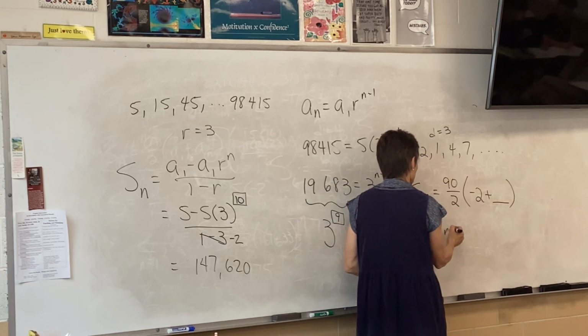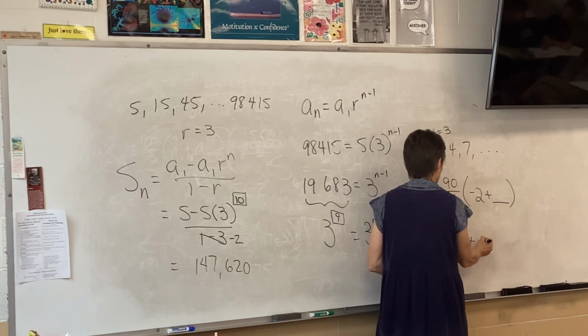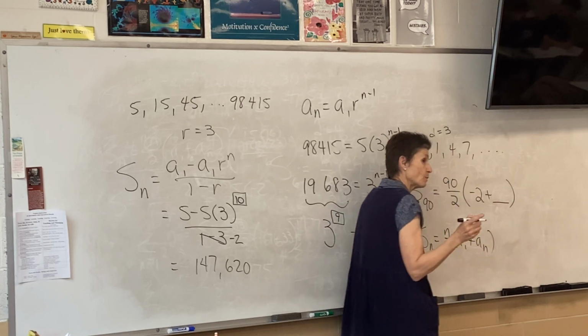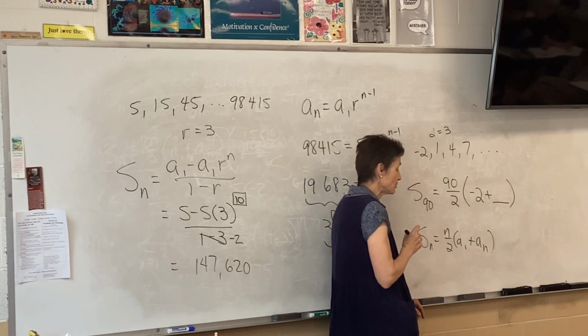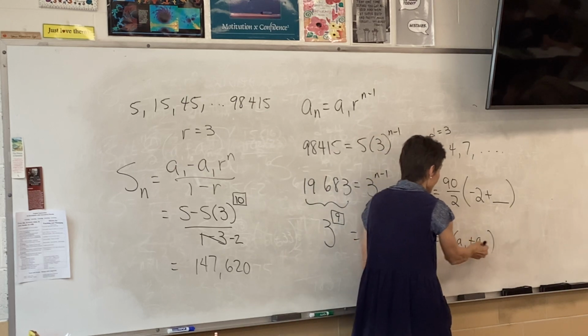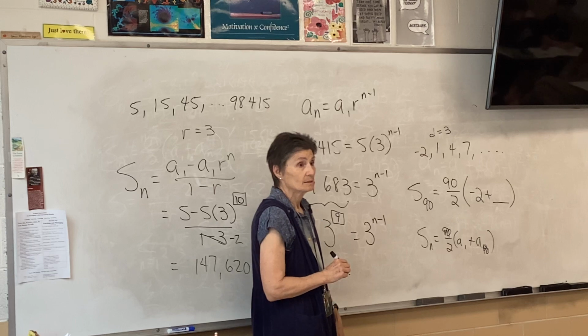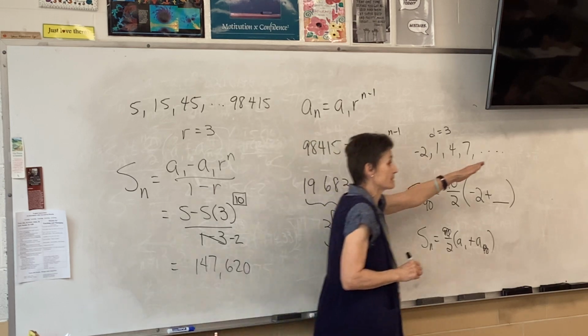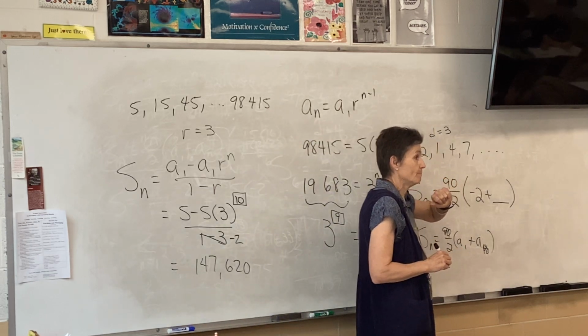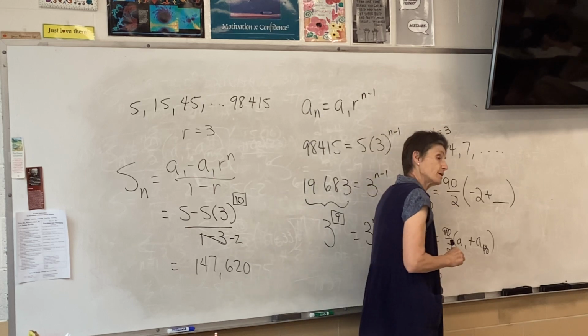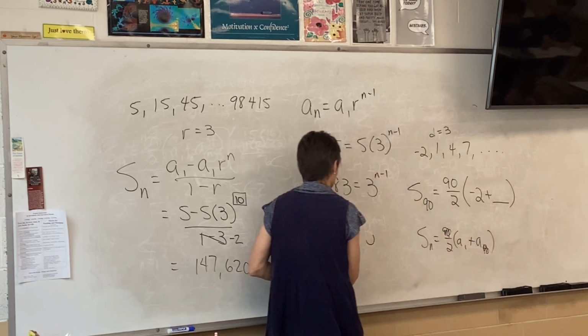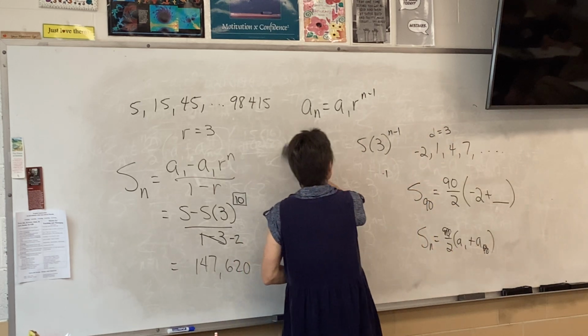Guys, look at your formula. If you're not gonna memorize them, which is okay, you gotta know how to use them. If n is 90, what goes there is a sub 90, which is the 90th term in the list, which I do not know. So what am I gonna do? I'm gonna find it.